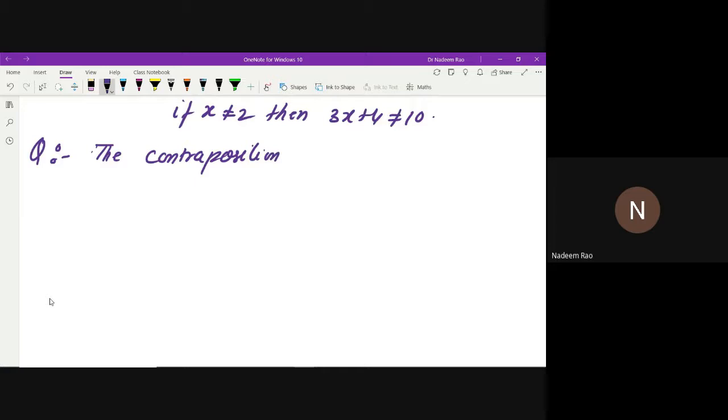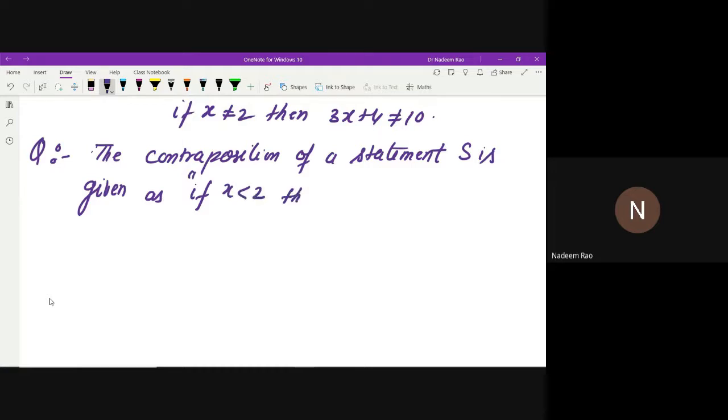The contraposition of a statement S is given as: if x is less than 2, then x plus 4 is less than 6. Write the statement S and its converse.